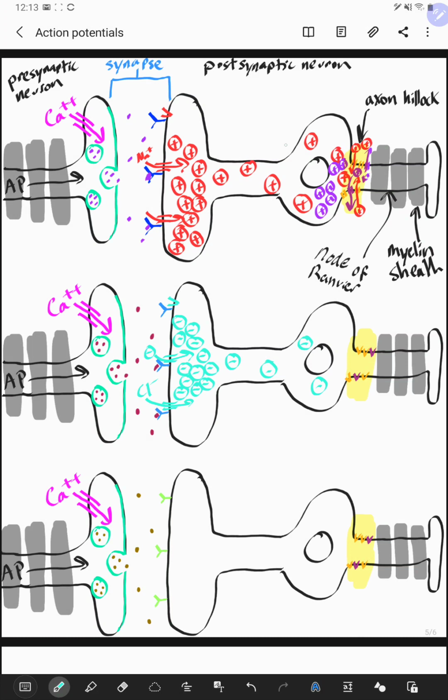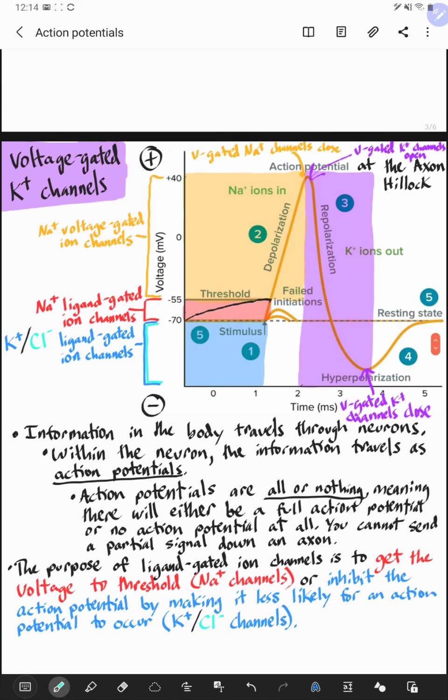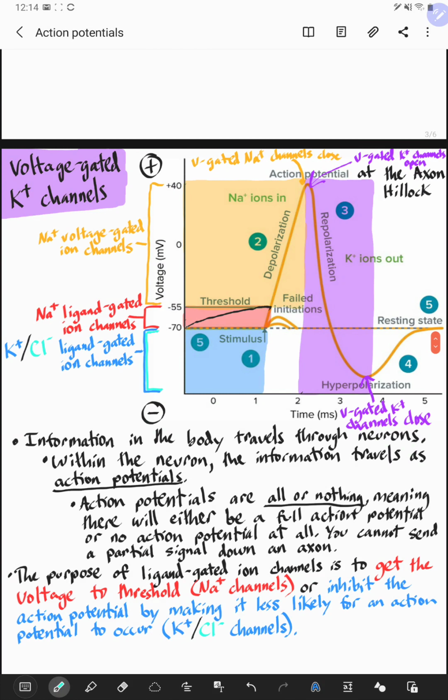In the previous example in the last video, we talked about how sodium, when it enters the cell, is going to make the cell more positive. And we looked at our graph and said sodium, when it enters the cell, makes the cell more positive, like that.